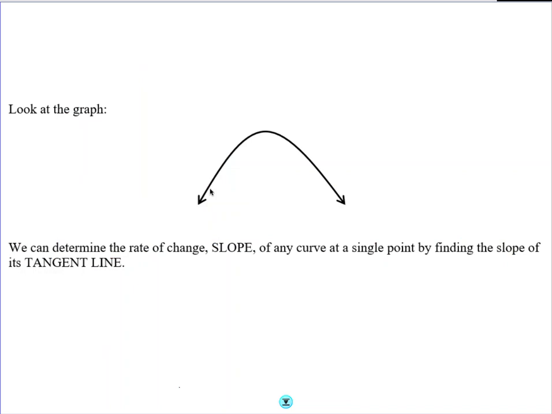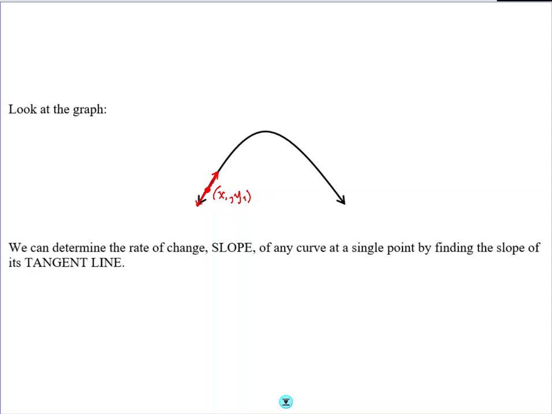So if I choose this point and call it x1, y1, and I want to look at the slope of this curve at that point, I want to look at the slope of the line tangent to the curve at that point. So the tangent line would be about here.